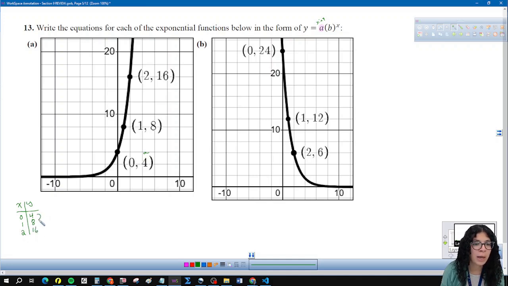And we can just look at what happens as x goes up by 1. All of these y values are being multiplied by 2 each time. So whatever you multiply by, that is your factor. So in this case, this would be my equation, y equals, a value would be 4, times the growth factor, I multiply by 2 each time, to the power of x.